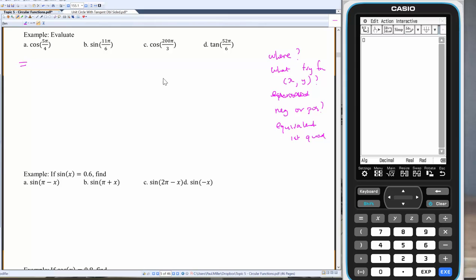All right, so these are the basic questions I ask myself each time I do an exact value calculation. So I need a pretty dodgy looking unit circle to do these questions.